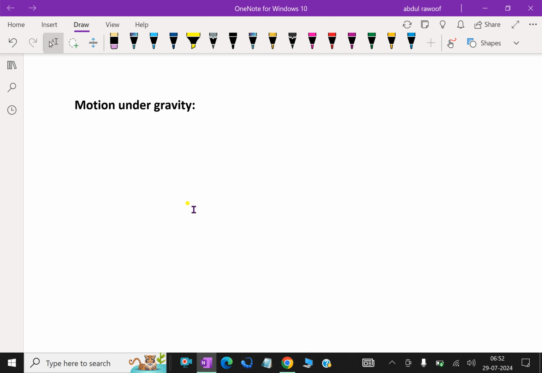First, throwing up is decelerated motion, against gravity, from point A to B, and then it reaches B to C. Now this upward motion is retardation.